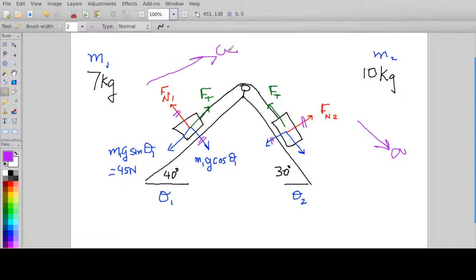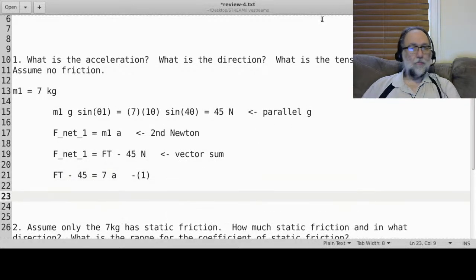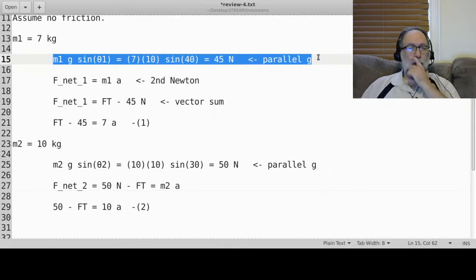At this point you don't know that, but let's do the same kind of analysis for number two. Over here I've got M2, so let me just cut and paste that in here. Just look at this part right now.